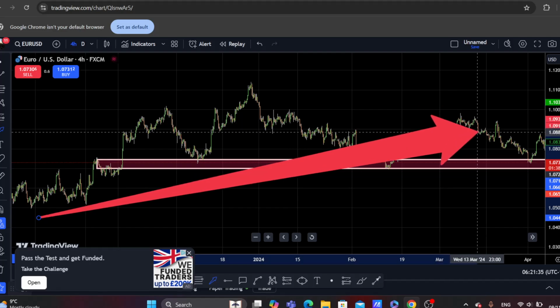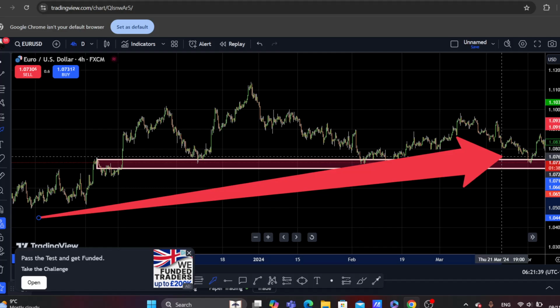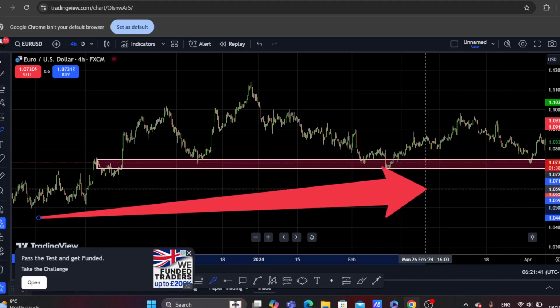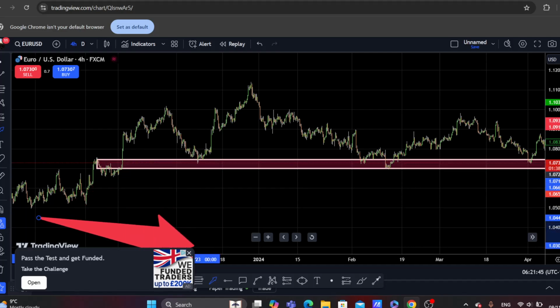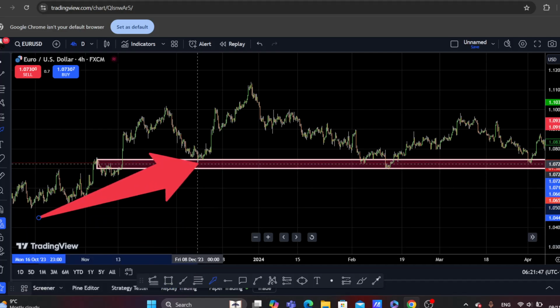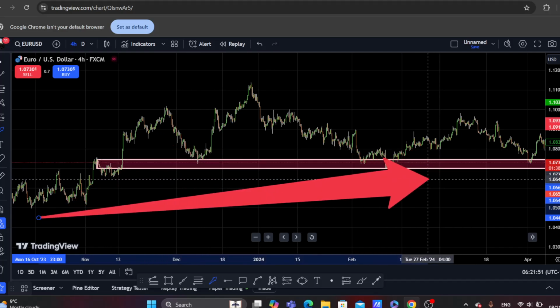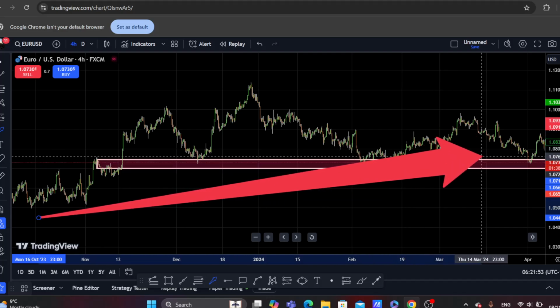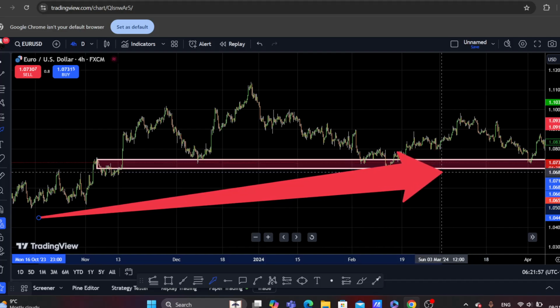So when the market comes down to the level, the supply and demand traders will also go long. This is how I believe the big boys manipulate the markets by creating such levels. They will induce longs and shorts for people to take them.